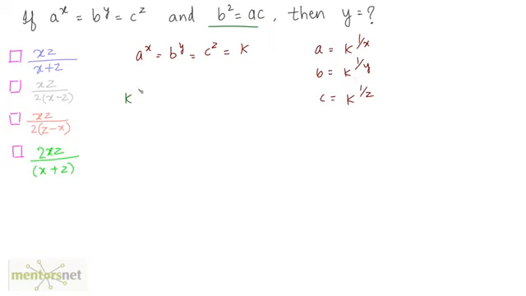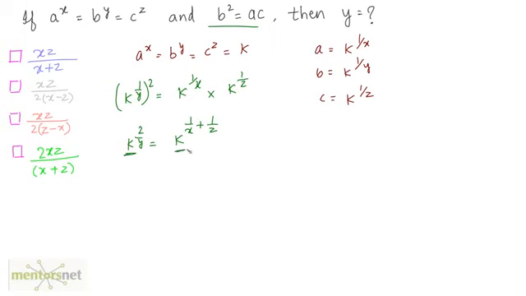So k to the power 1 by y, square, is equals to a, which is k to the power 1 by x, times k to the power 1 by z, which is c's value. So on the left hand side I have k to the power 2 by y is equal to, this is a multiplication, so I can write k to the power 1 by x plus 1 by z.